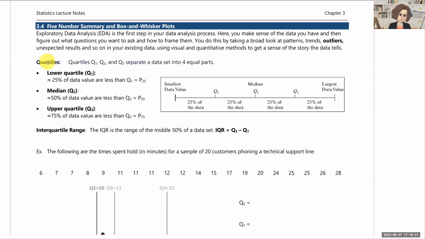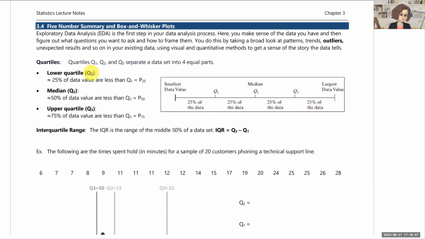So the 3 quartiles, Q1, Q2, Q3, on this picture, separating data into 4 equal parts. If I had the smallest value, in our case 6, and then our largest value, 28, we're going to be finding these quartiles that separate the data into 4 equal parts, so 25% of the data in each of these regions.